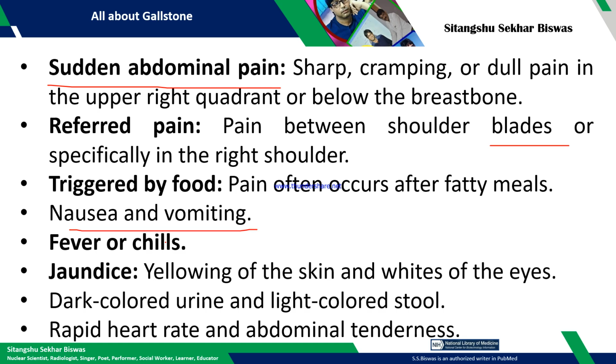The person can experience nausea and vomiting, sometimes fever, maybe due to some inflammation, and sometimes jaundice. The skin will be slightly yellowish, the eyes slightly yellow, and your urine color will change: dark colored urine, and light colored stool. Sometimes there will be rapid heart rate and abdominal tenderness. Those are the common symptoms of gallstones.